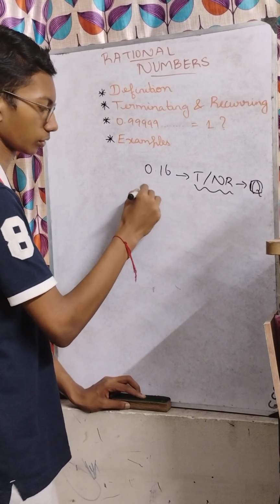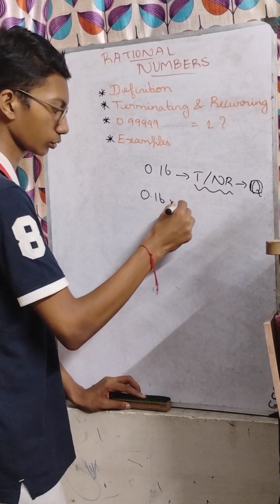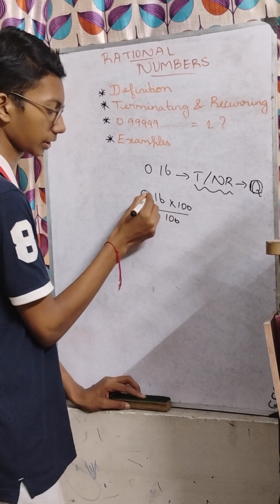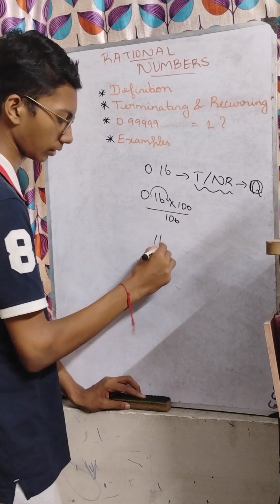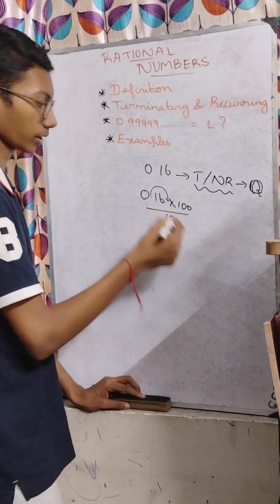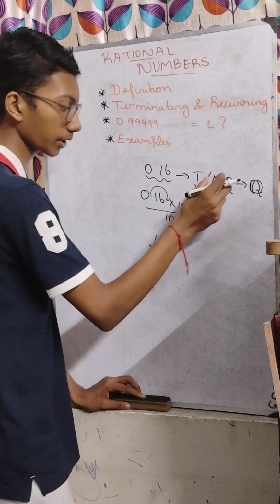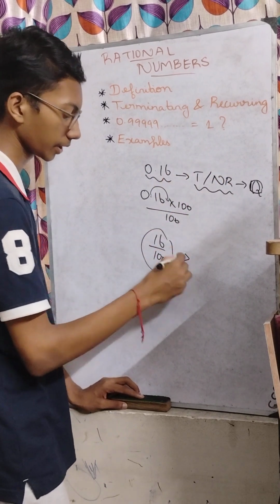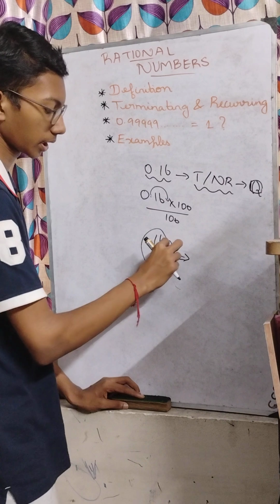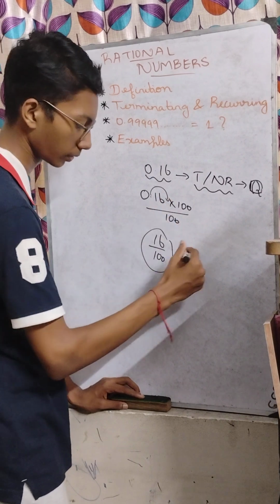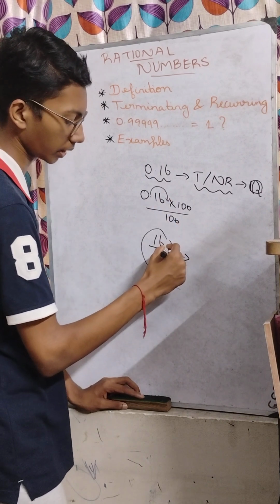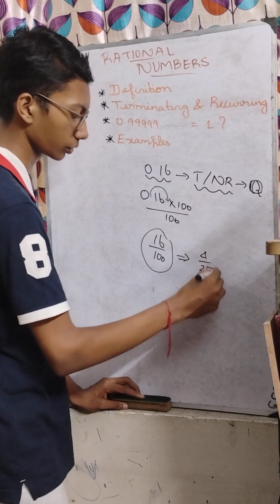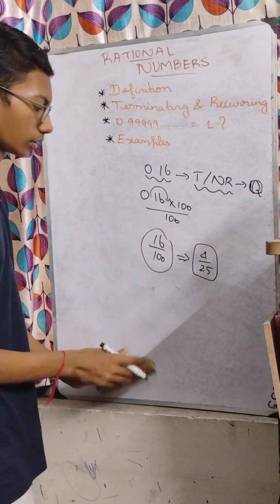We can do 0.16 times 100 divided by 100. So the decimal moves and we have 16 by 100. So we have converted this terminating and non-recurring decimal into a rational number. Again, it is important to get the fraction in its lowest form. Dividing by 4, we have 4 by 25. So this is the answer.